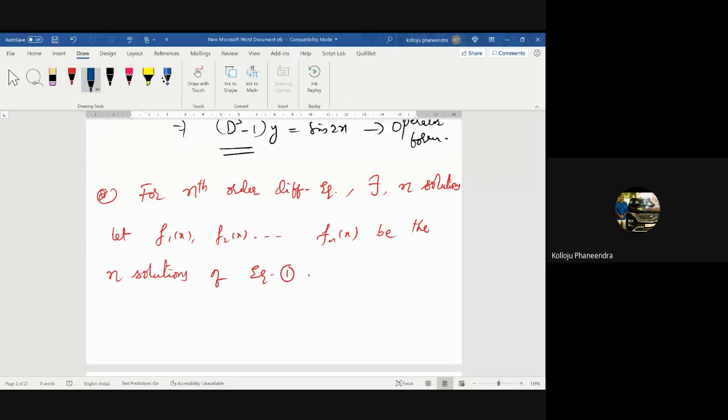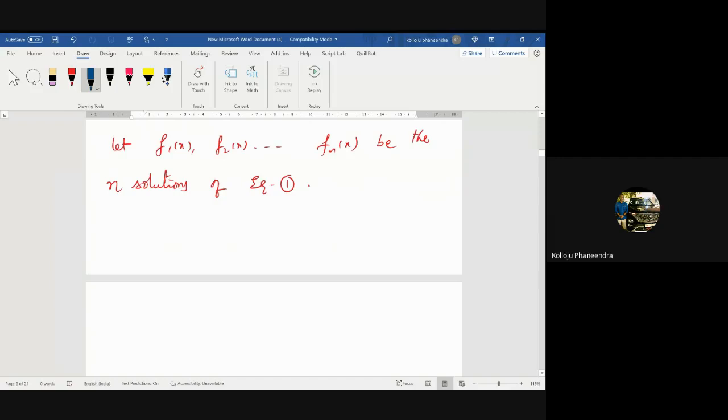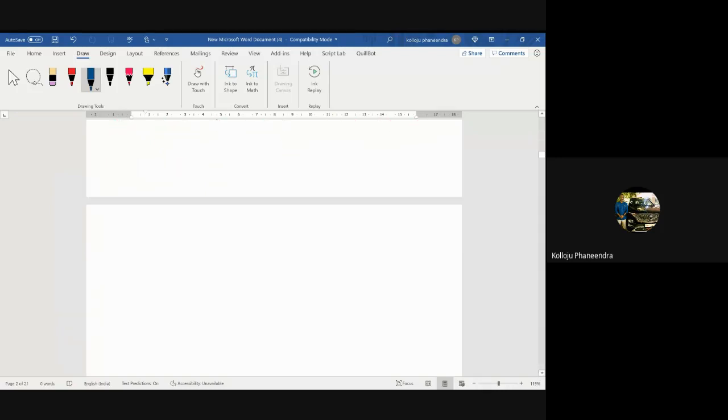Then we need a definition to decide whether these solutions are independent or dependent. For that, we have to give one definition, that is a linear combination. I told this definition in vectors, eigenvectors. Okay, linear combination of functions.